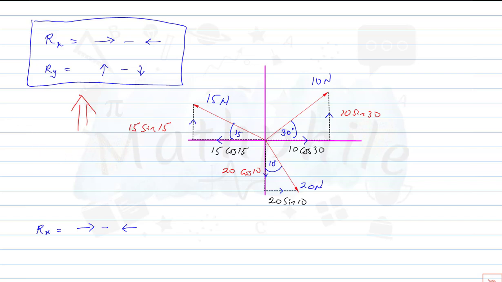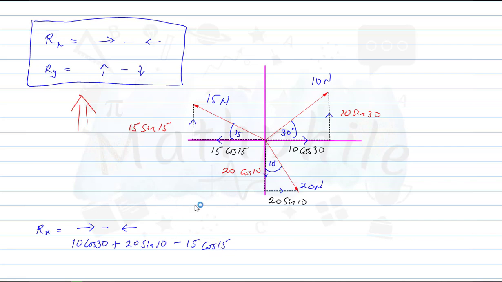So just by applying the formula, forces to the right, in this case we've got two. The first one is 10 cos 30 degrees, and the second one is 20 sine 10 degrees, minus the force going in the opposite direction, to the left. This is going to be 15 cos of 15 degrees.